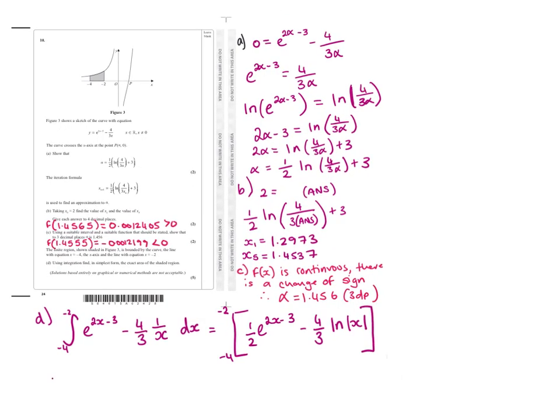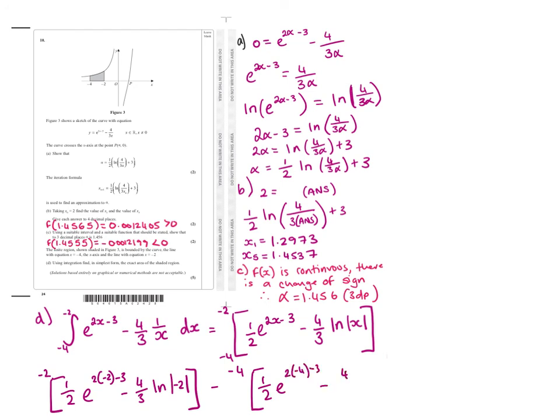So if we substitute in minus 2, we're going to have a half e to the 2 lots of minus 2 minus 3 minus 4 over 3 ln of minus 2, minus, we're going to have a half e to the 2 lots of minus 4 minus 3 minus 4 over 3 ln of minus 4.